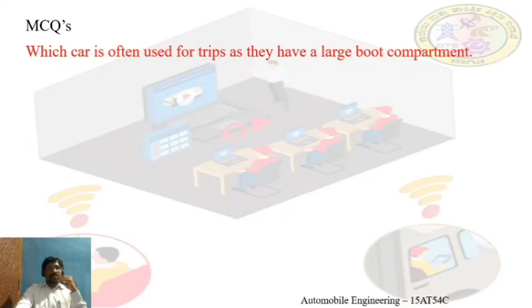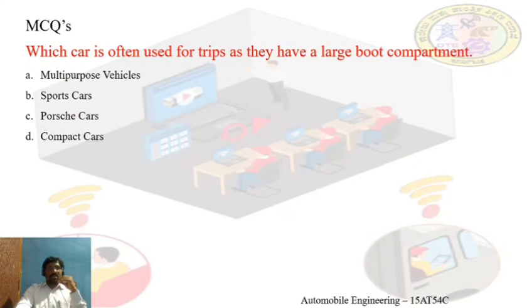The next question is, which car is often used for trips as they have a large boot space? Here the options are multi-purpose vehicles, sport vehicle, Porsche cars, compact cars. Here you need to identify the type of car which is suitable for a trip. The correct answer is option A, multi-purpose vehicle.